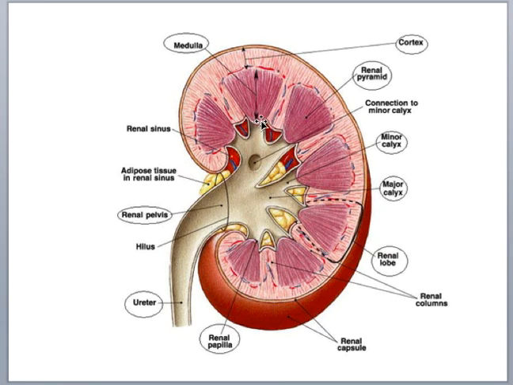Everything flowing through those collecting ducts, give or take maybe some water that gets reabsorbed, collects at the renal papilla, exits into the minor calyx, into the major calyx, into the renal pelvis, and then out through the ureter. So that striped appearance of the renal pyramids is due to all of those collecting ducts traveling down and meeting at the renal papilla.